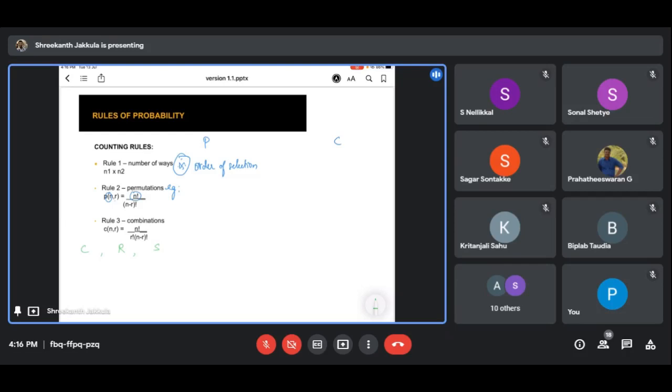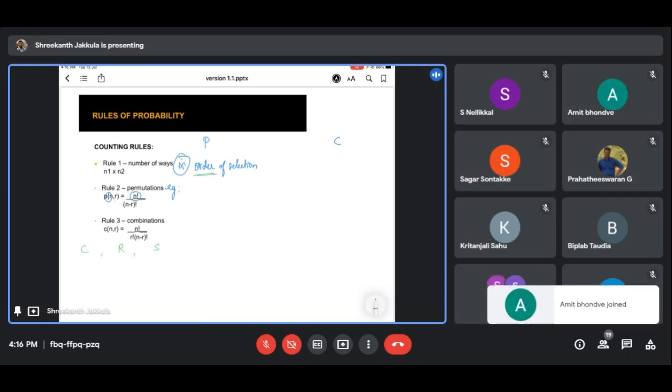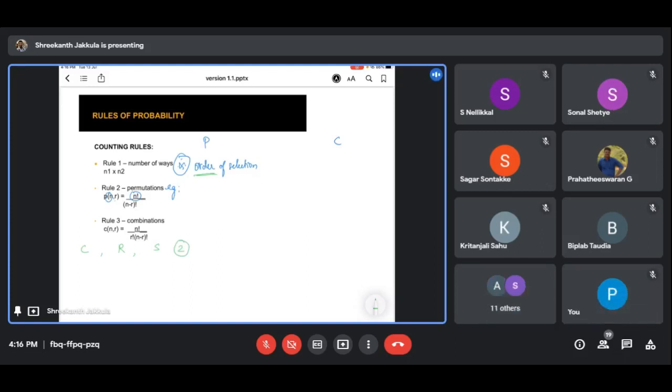If the order of treatment is important, if they are asking something like that, so the order is given, and out of three, what are the two possible ways the patient can be treated? So by putting in the formula, P is equal to n, which is 3, and r, how many ways, is 2.